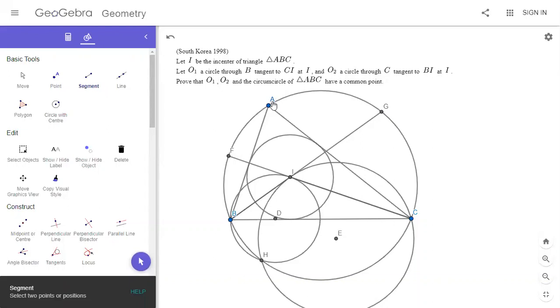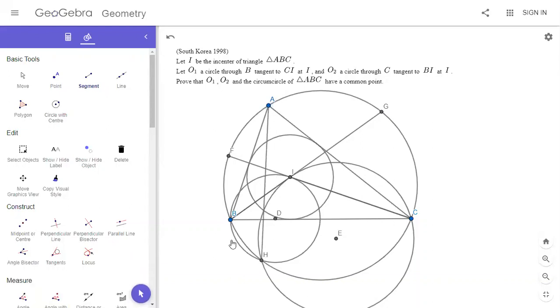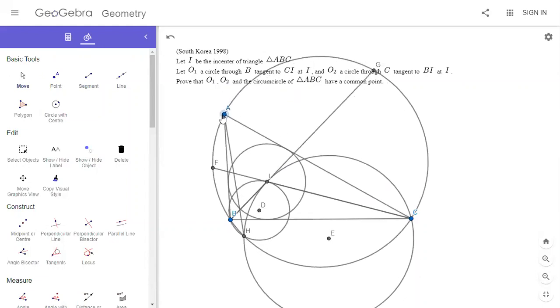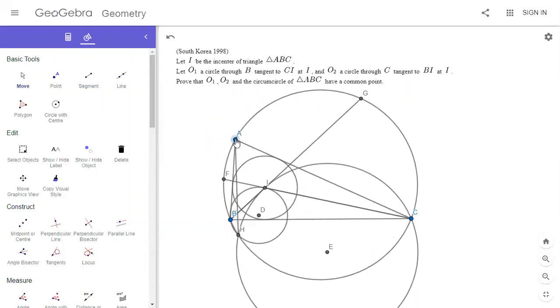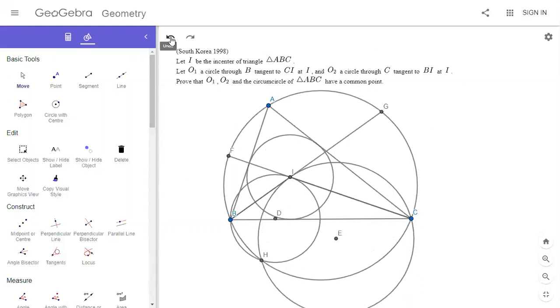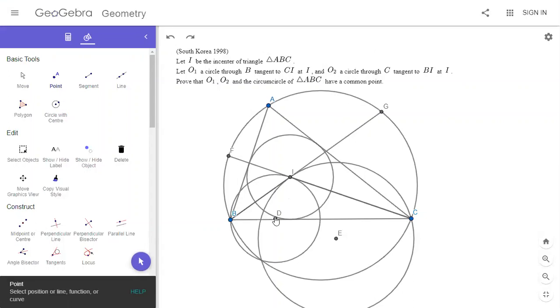I don't think so. Because, yeah, if I do it like that, that doesn't look perpendicular. Let's see. So I'll call this O1 and O2. Well, no, those are the names of the circles, not the centers.